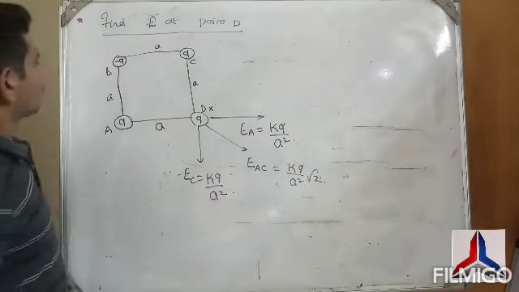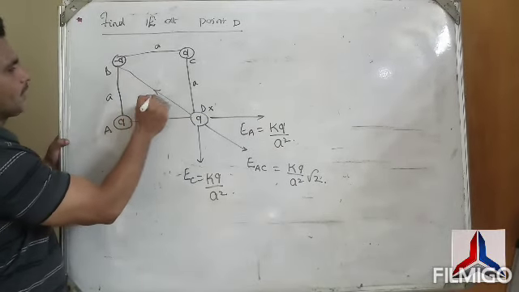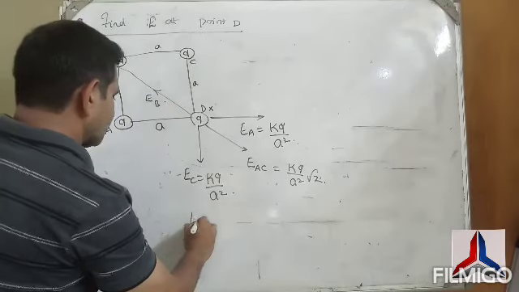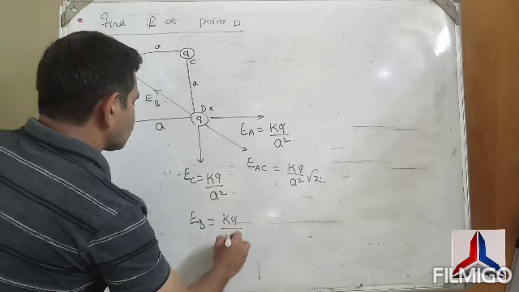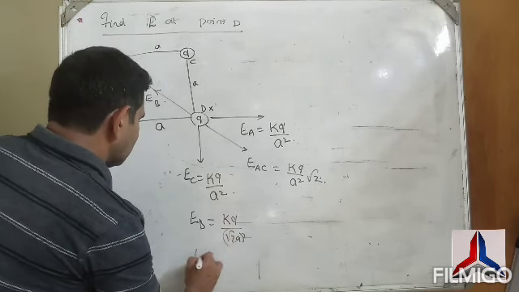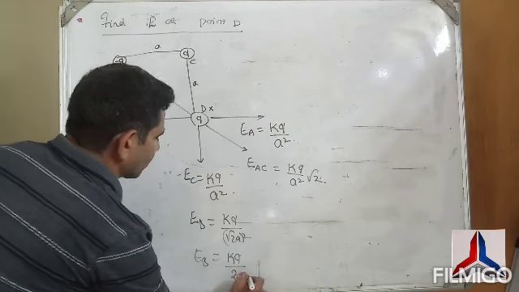So this is a negative charge. It creates the electric field in this direction, EB. Already we did this in the previous problem. EB is KQ by (root 2 A) whole square. That EB value is KQ by 2A square.